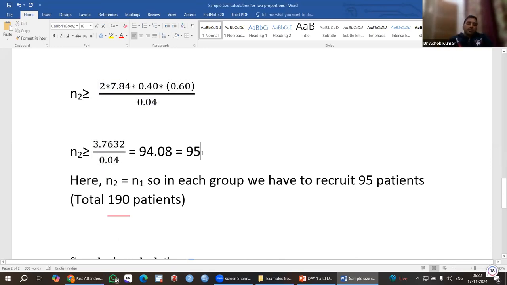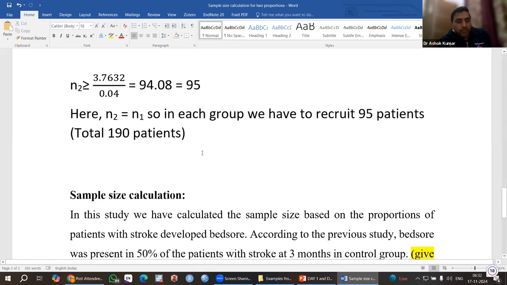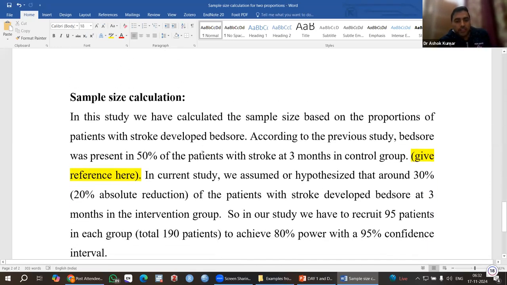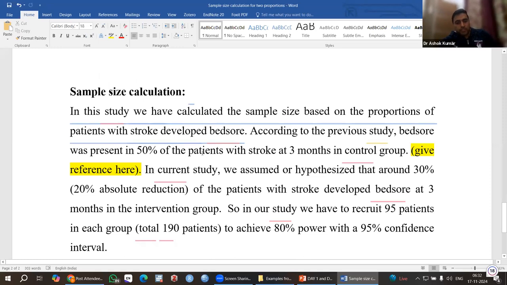N2 means the control group, but here N2 and N1 are equal. So in each group we have to recruit 95 patients, so a total of 190 patients.